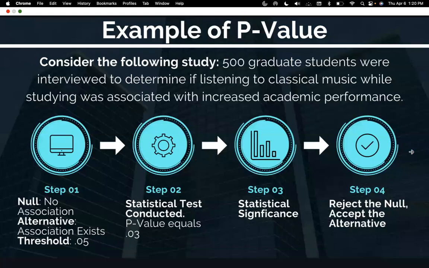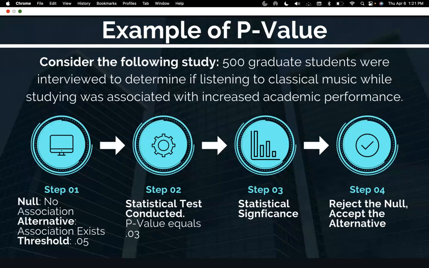We'll also go briefly over an example of a p-value. Let's say we wanted to determine the association between listening to classical music while studying and academic performance. We reviewed and interviewed 500 graduate students, and now we're trying to make sense of our data. The first step is to clarify our null and alternative hypotheses.